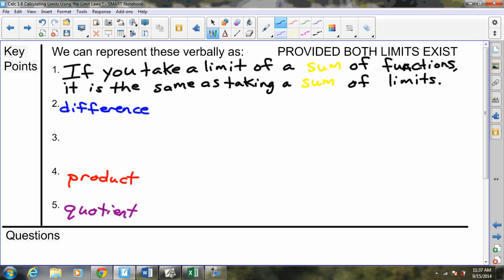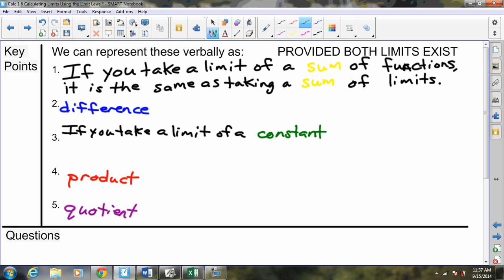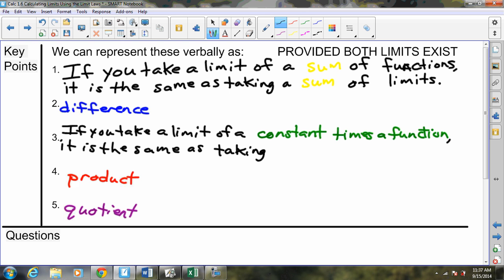Number 3 is a little bit different. Basically, it's almost like the distributive property.